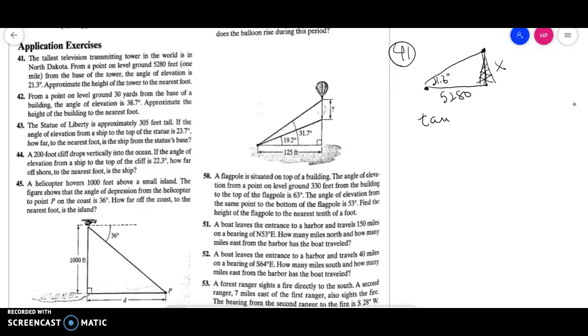So it would just be the tangent of 21.3 degrees equal to x over 5,280, which, again, in working through these problems, really just a review, but when my value is on the bottom, I'm dividing by 5,280, then I just have to multiply to figure out that that tower is about 2,059 feet tall.